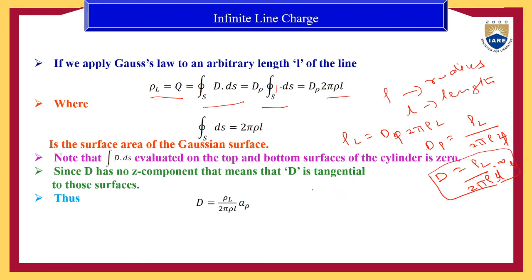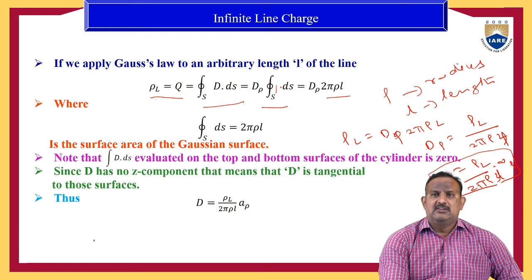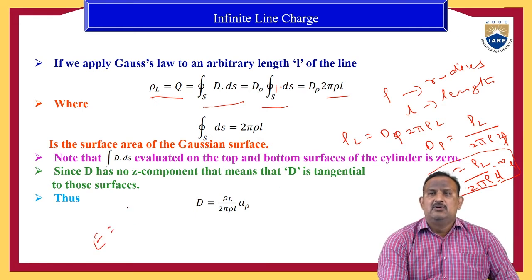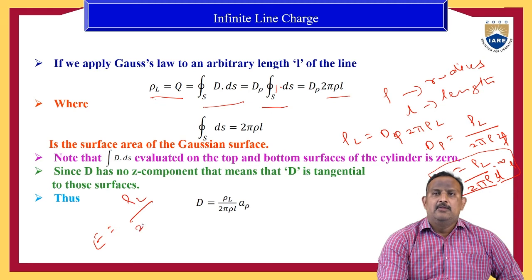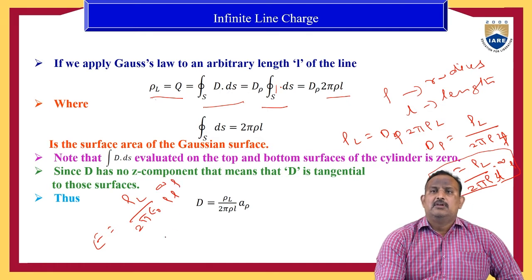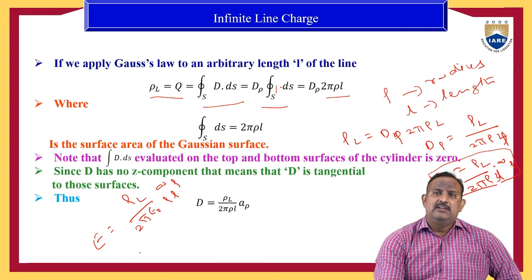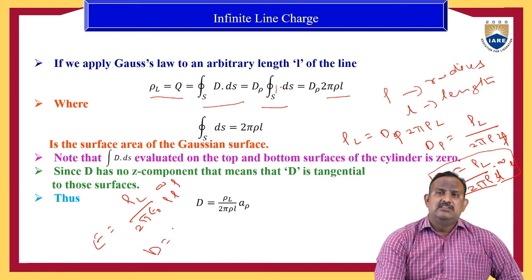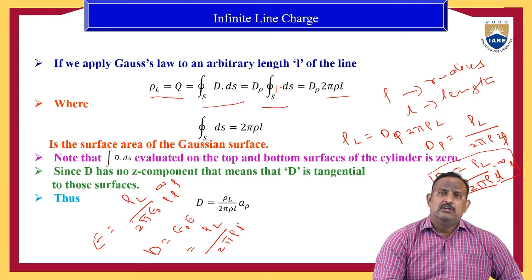If it is the electric field intensity, we can write E is equal to rho L by 2 pi epsilon naught rho into A rho. Or if you multiply E by epsilon naught, D is equal to epsilon naught E, which is nothing but rho L by 2 pi rho into A rho.